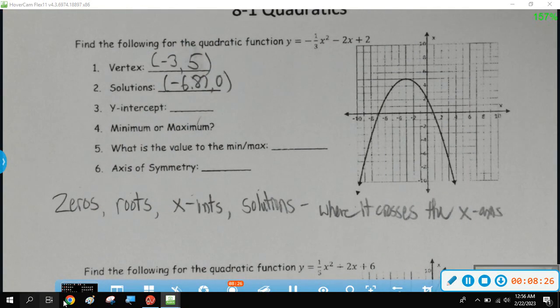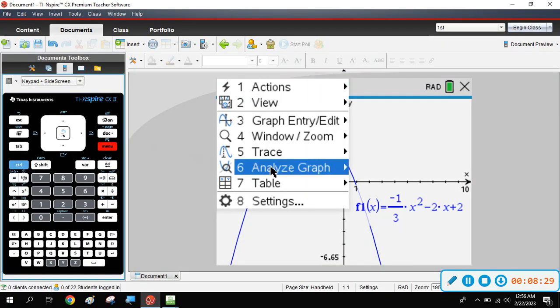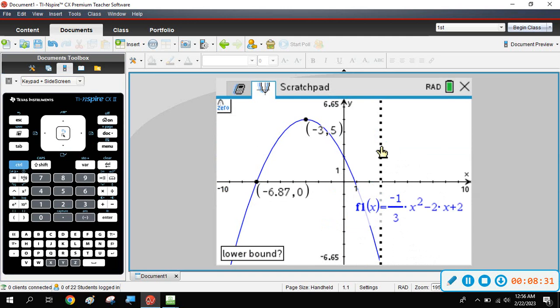So I need to go back to my calculator and find the other one, which means I'm going to go Menu, Analyze Graph, Zero again. This time my lower bound is here. Remember, your lower bound needs to be to the left of the point you're trying to get, and the upper bound needs to be to the right. What am I telling the calculator to do?